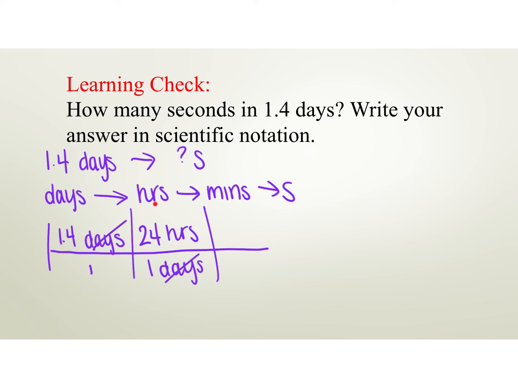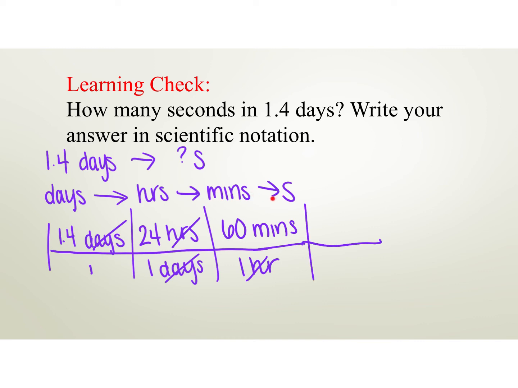So then we get to hours and we have to get to minutes. How many minutes are in an hour? 60. Okay, where does 60 go? Top. Hours on bottom. Okay, 60 minutes has to go on top because the 1 hour has to go on the bottom. All right, and so that leaves us at minutes, and then we have to get to seconds.